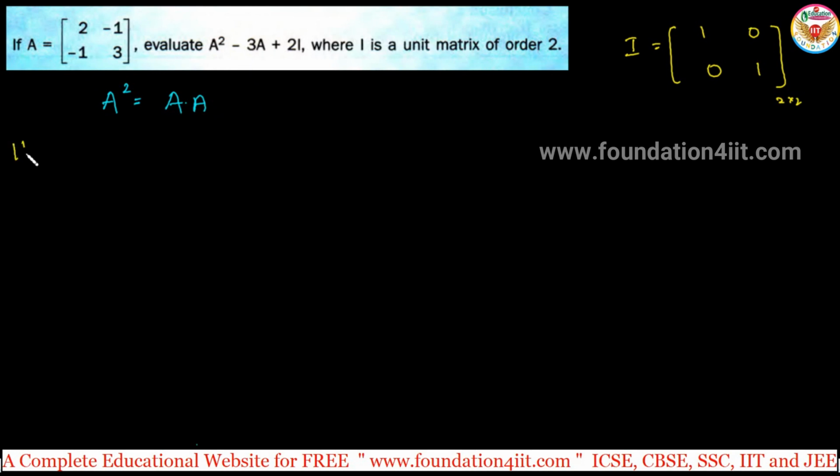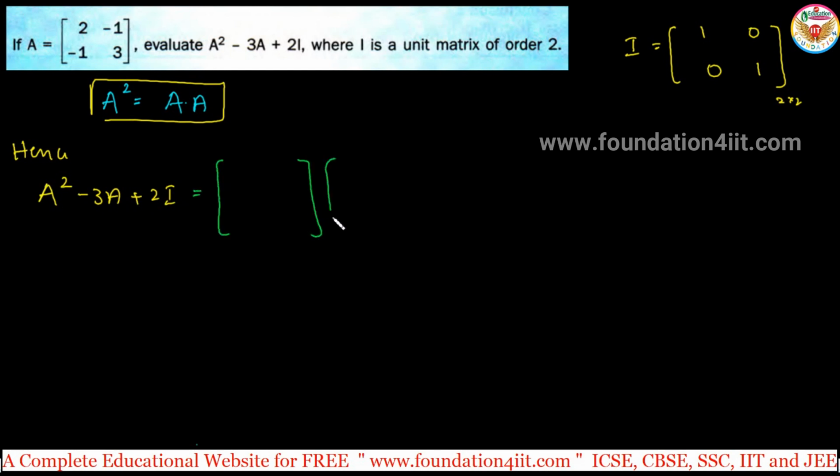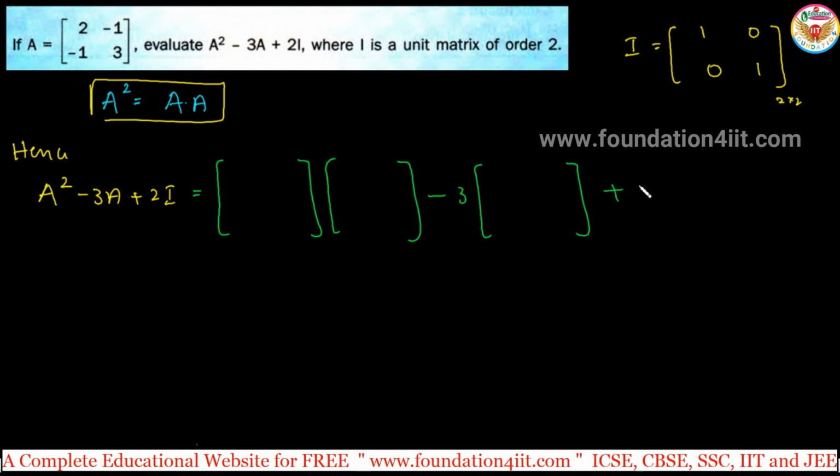Now, remember this, A square is A into A. We have to find A squared minus 3A plus 2I, where I is the identity matrix. That is equal to matrix A multiplied with matrix A, minus 3 into matrix A, plus 2 into the identity matrix.